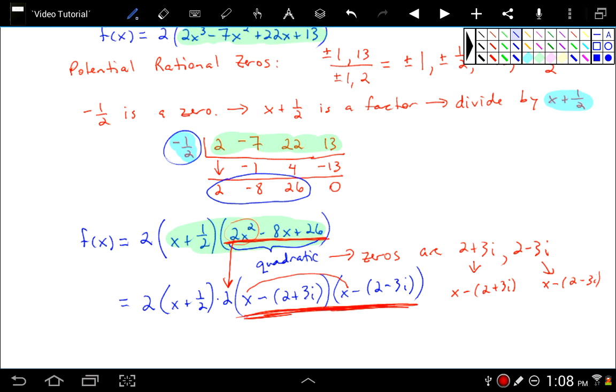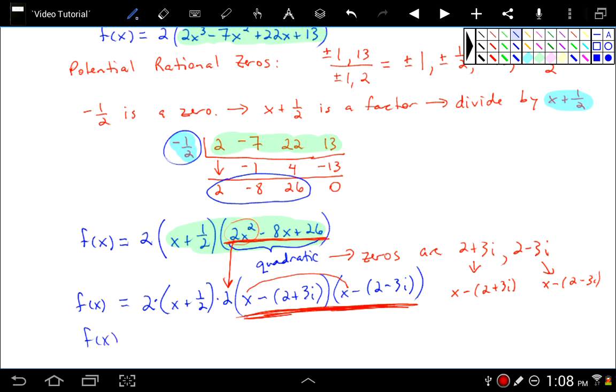So our final answer for f of x now, because I've got 2 times x plus 1/2 times 2 times x minus (2 plus 3i) times x minus (2 minus 3i), it's all multiplication. I can rearrange it however I want.